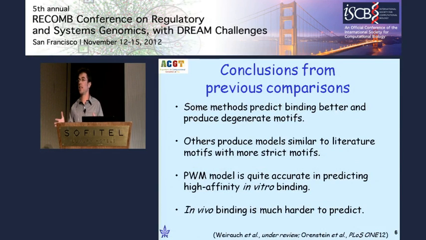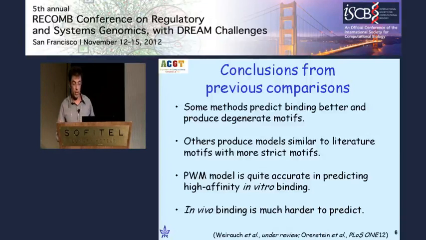Two comparative studies compared different models and different algorithms that were designed to find and model the binding preference from protein binding microarrays. One of the conclusions was that there is a division of the methods into two categories. One is methods that produce motifs which are degenerate and are very good at predicting in vitro binding, while the other type of methods produce motifs which are similar to literature motifs and are more strict.